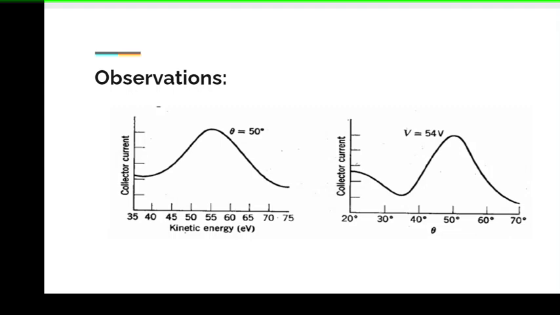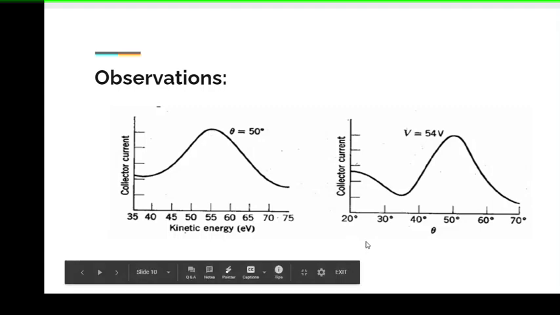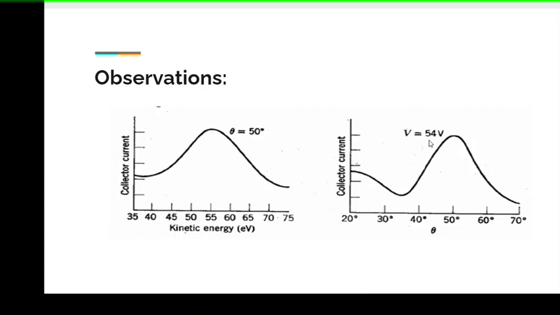This is the intensity curve at a constant potential difference of 54 volt. These are the observations. We observe that for theta equal to 50 degrees, we get this peak, and we had kept the potential at 54 volt.